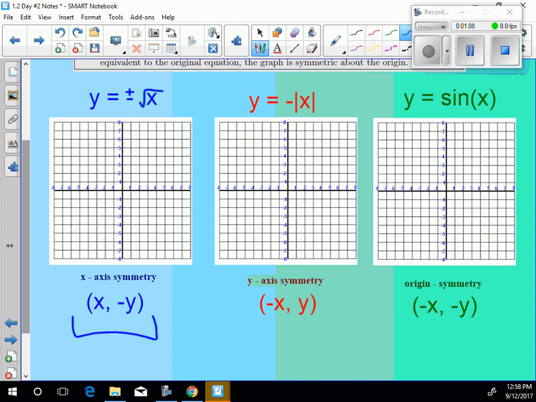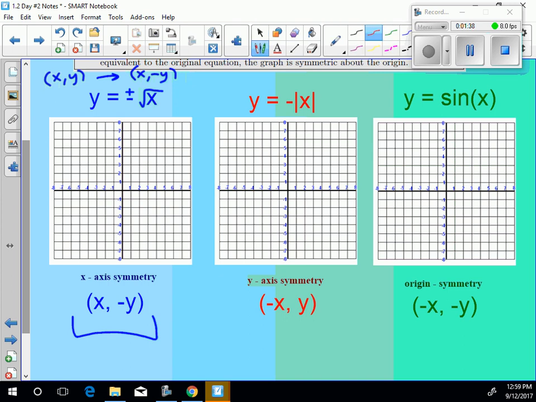Any point (x, y), if it has x-axis symmetry, will also have a point (x, negative y). Can it be a function? No, not happening. There can't be an x that has 2 different y values or outputs. Okay, cool.